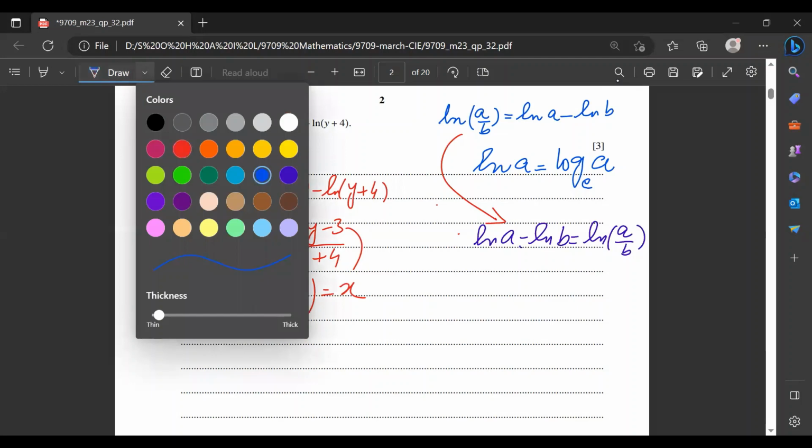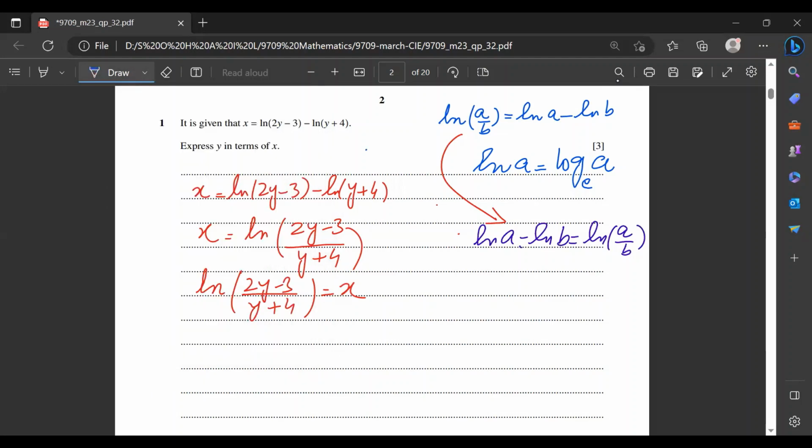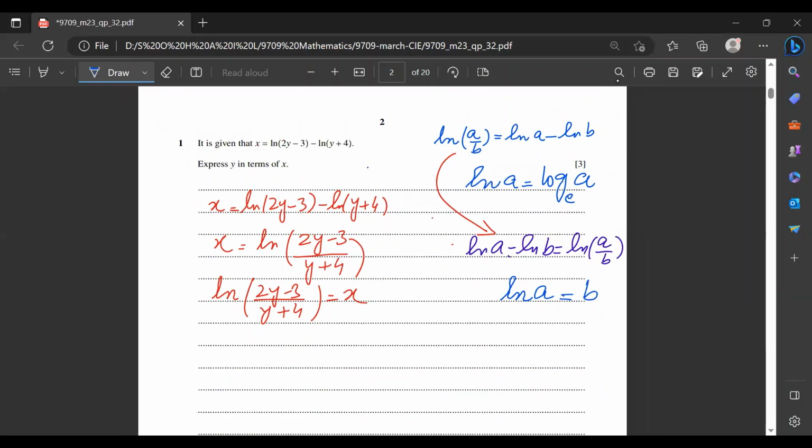Here, recall the definition of the log. If natural log of a equals b, natural log of a means log of a base e equals b, and by definition this is a equals e raised to the power b.